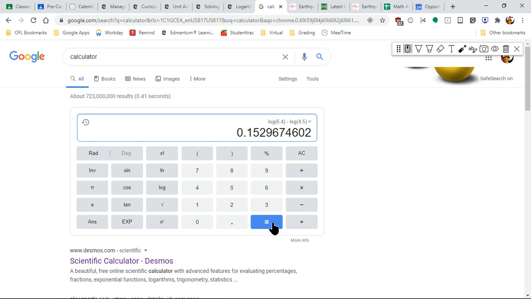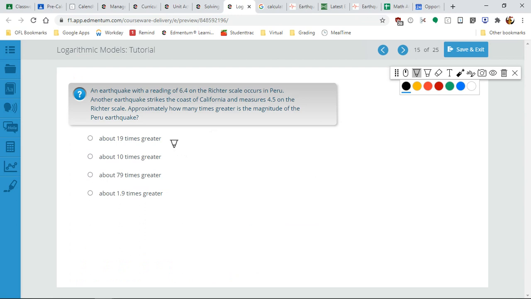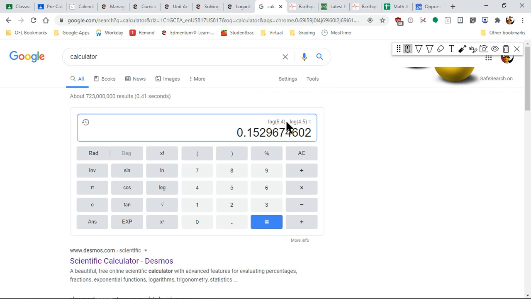Nope. Well, we know that log rule works at least because we got the same answer. But I'm confused as to why it's not telling me how many times greater it is.